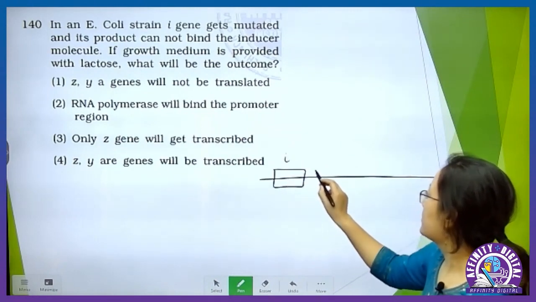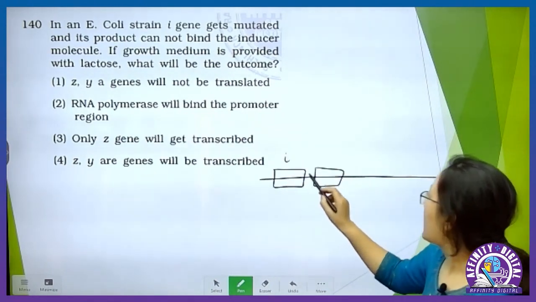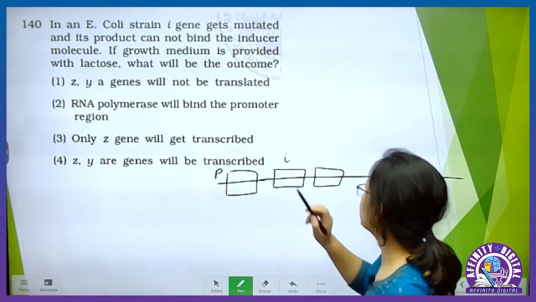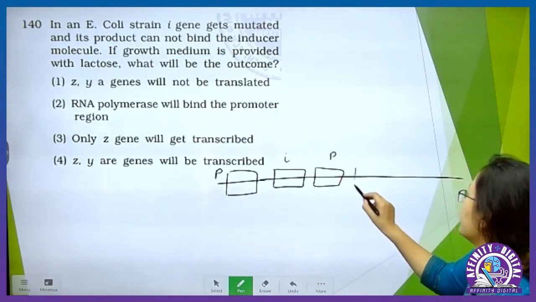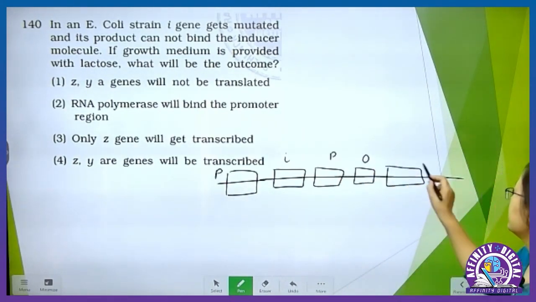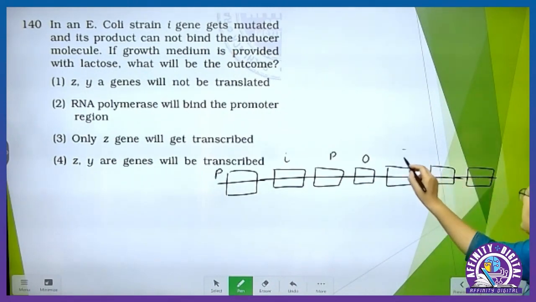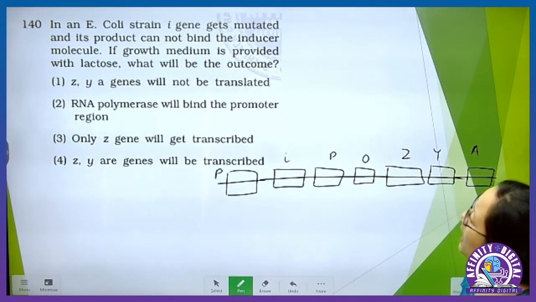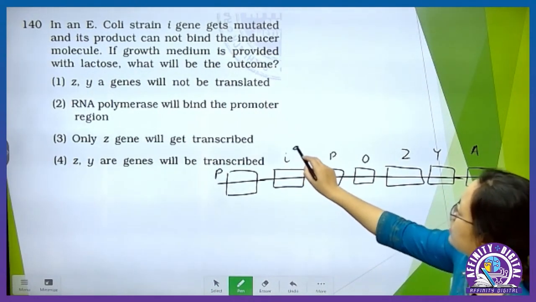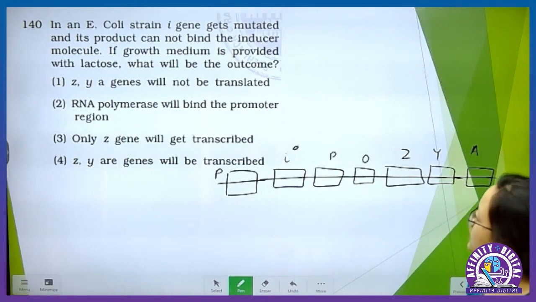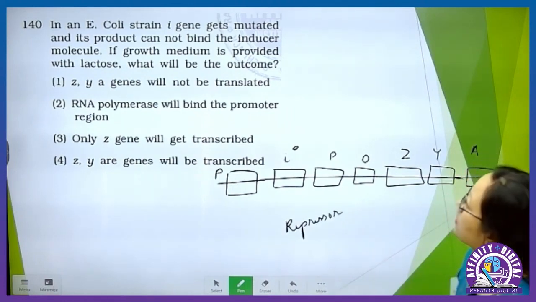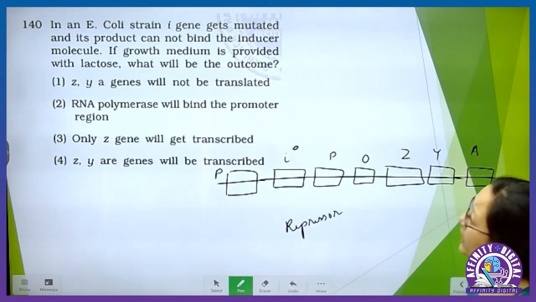Suppose the I gene is here, then the promoter will be here, then the operator, then the structural genes Z, Y, A. The question starts here: the I gene has undergone mutation, and its product, the repressor protein, cannot bind the inducer.